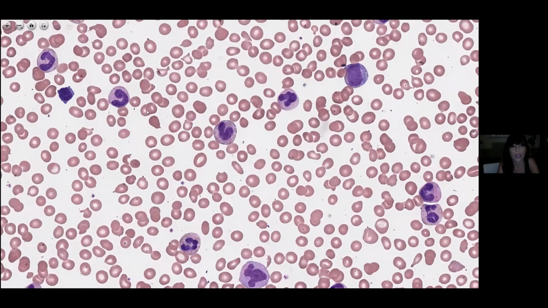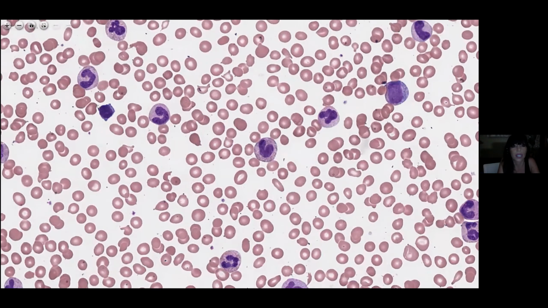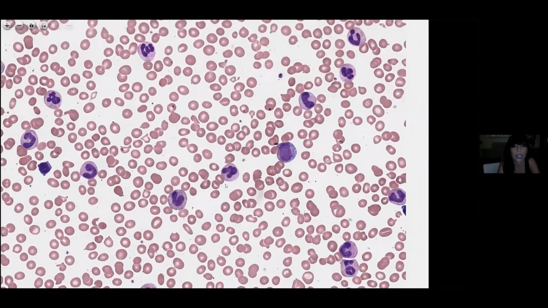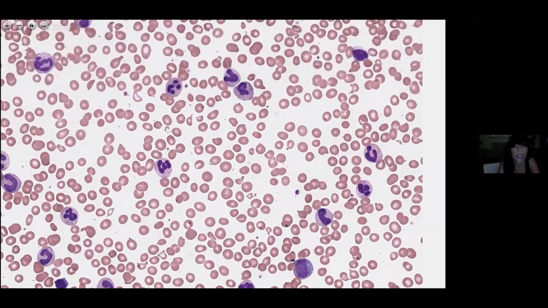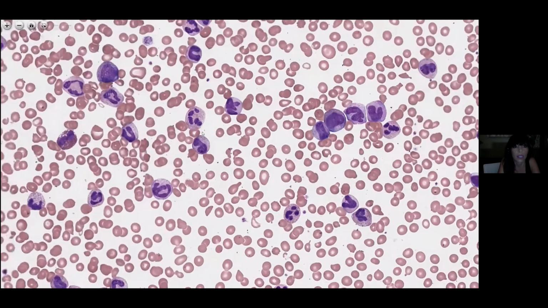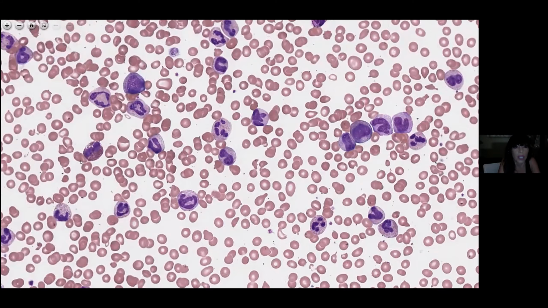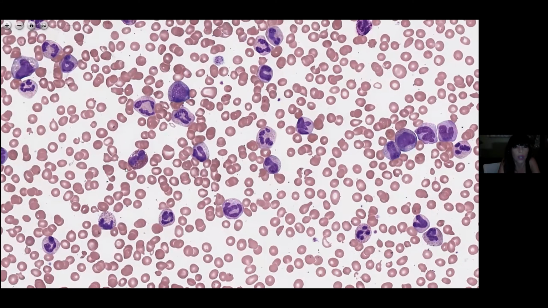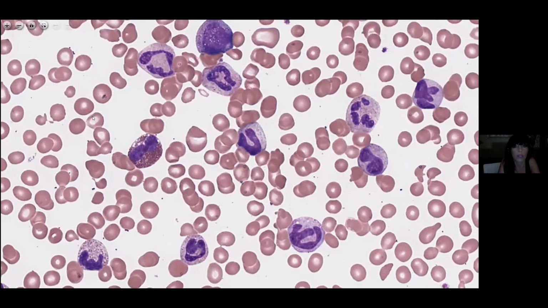And another, oh, we haven't seen very many lymphocytes. Here's a nice lymphocyte there. And another EO with its bright red granules.